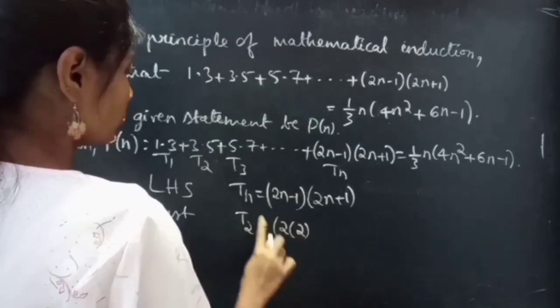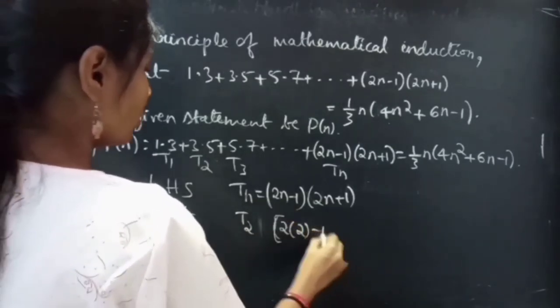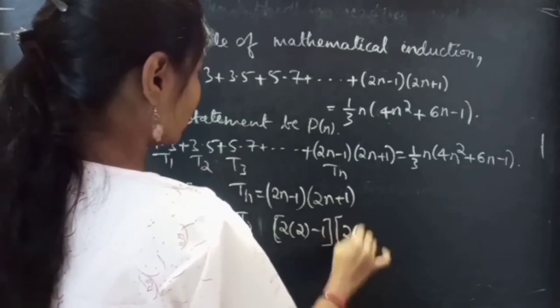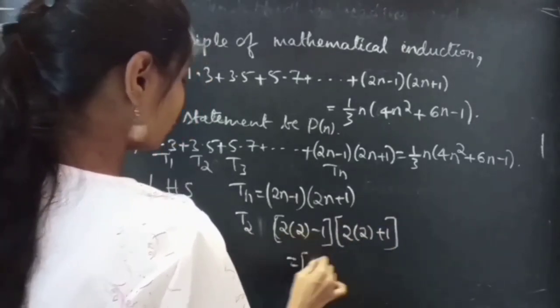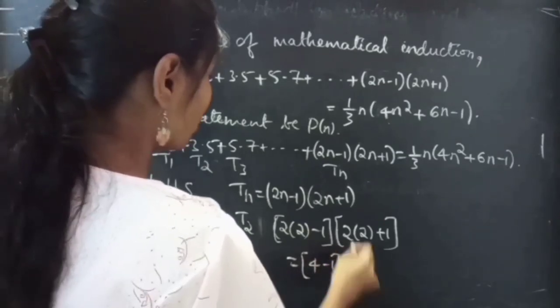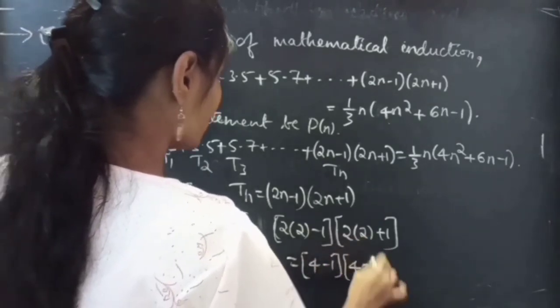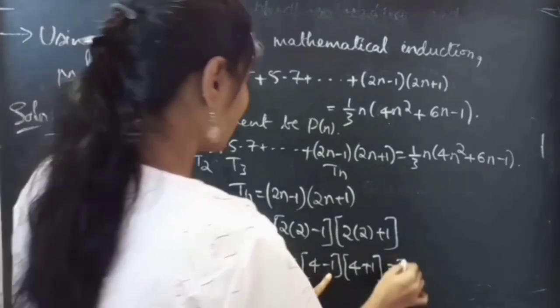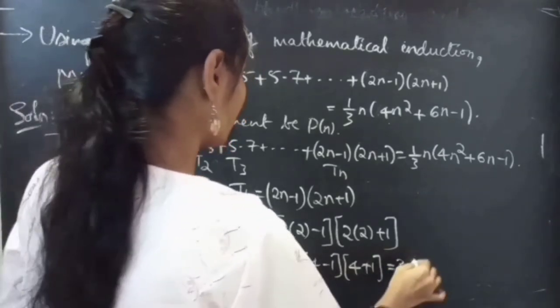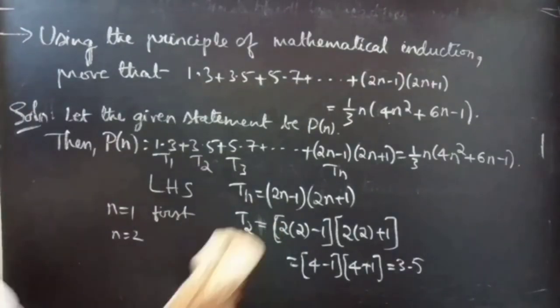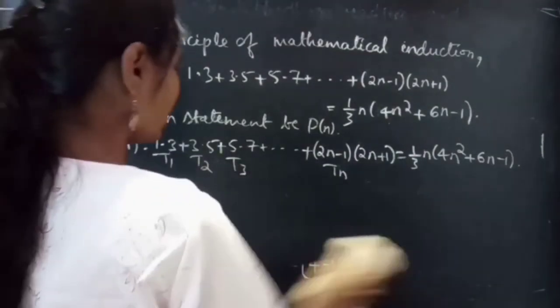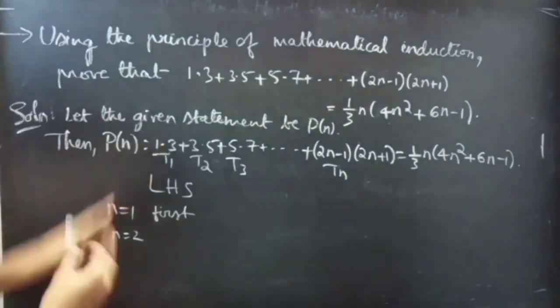When n equals 2, (2 into 2 minus 1) into (2 into 2 plus 1) equals 2 2s are 4, 4 minus 1 into 2 2s are 4, 4 plus 1, which is 3 into 5. Second term. Okay, fine. When n equals 1, we'll take the first term.